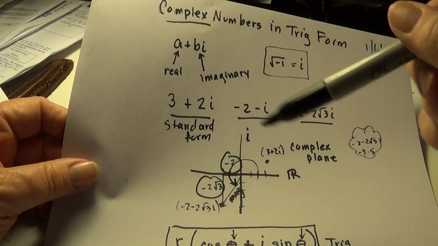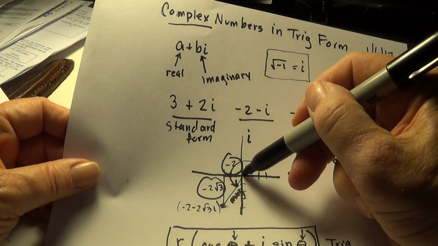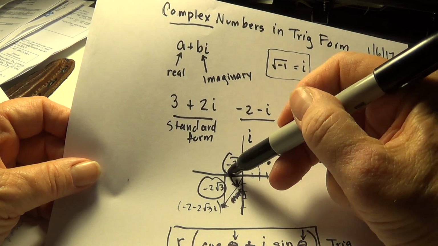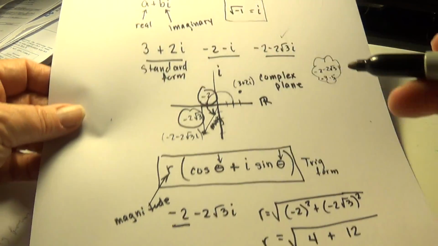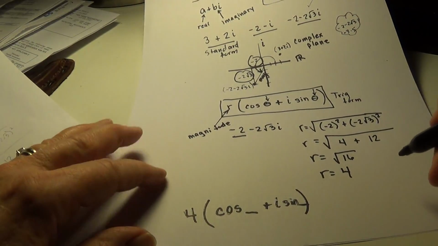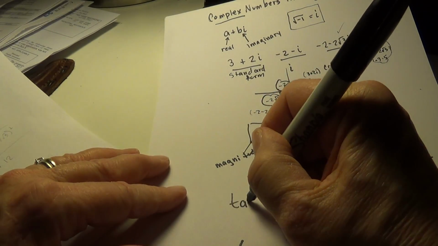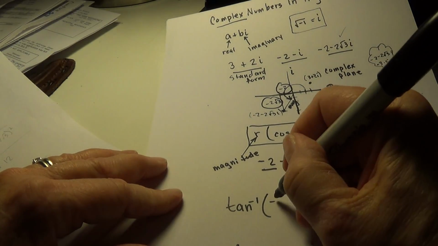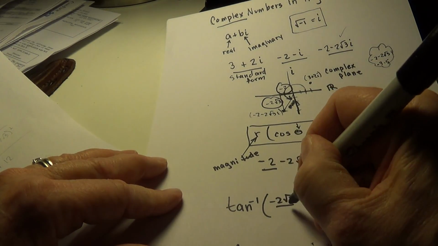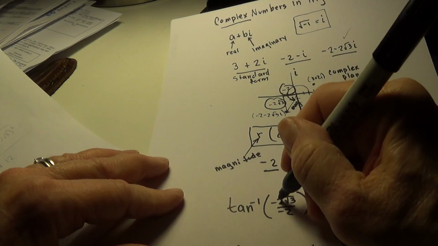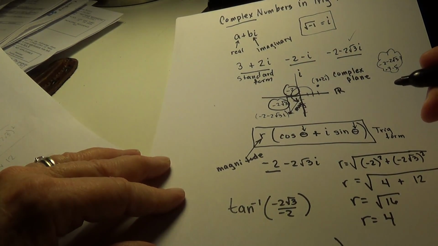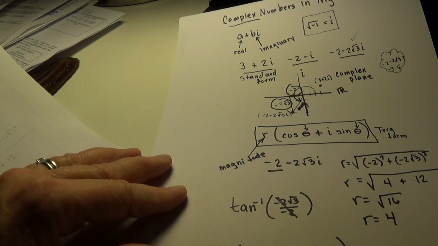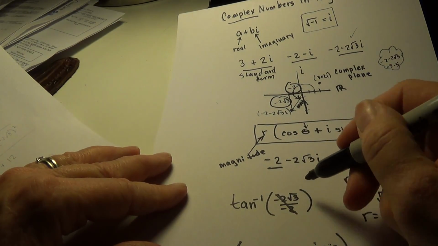So I'm going to take the imaginary part and divide it by the real part, and that will be an inverse tan function. So I'll go tan inverse, and I have minus 2 square roots of 3 over minus 2. The negative 2's cancel, and I'm left with tan inverse of square root of 3.